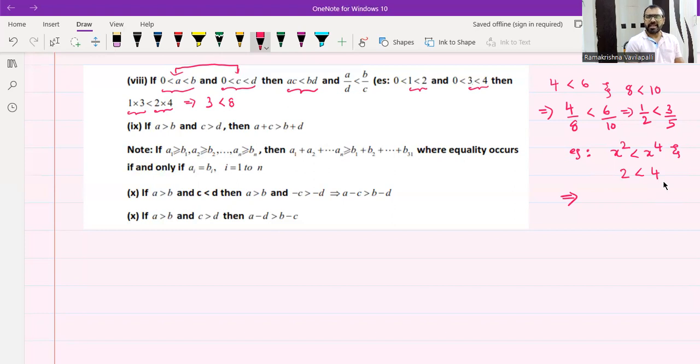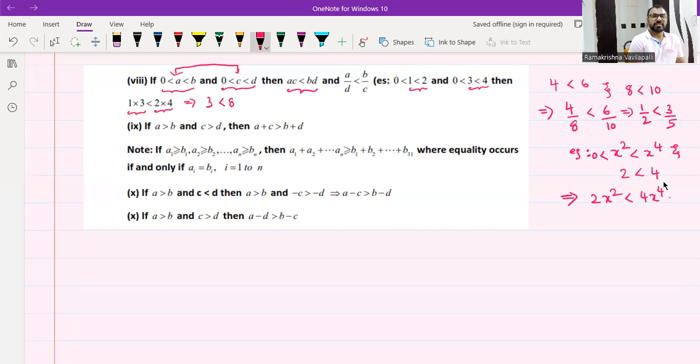It is greater than or equal to 0. So here both are positive. Assume this is positive. Anyway, x is not 0. So now we can multiply that. It is 2x square is less than 4x to the power of 4.